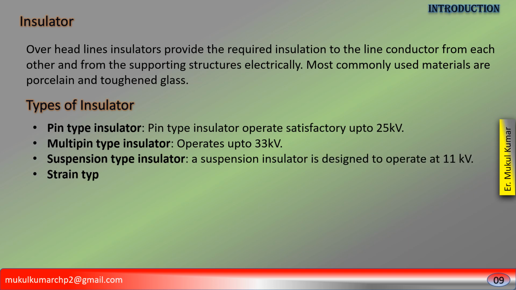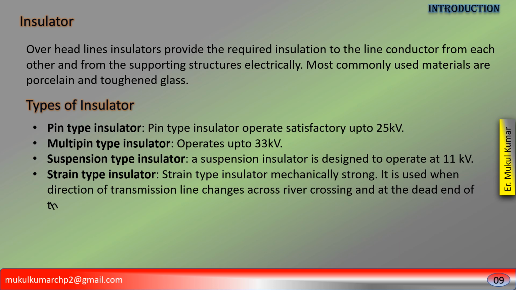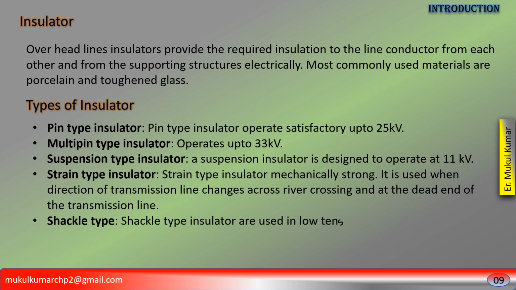First is the pin type insulator. A pin type insulator operates satisfactorily up to 25 kV, and a multi-pin type insulator operates up to 33 kV. Then the suspension type insulator, designed to operate at 11 kV, and the strain type insulator.